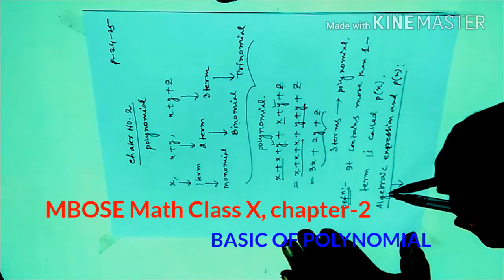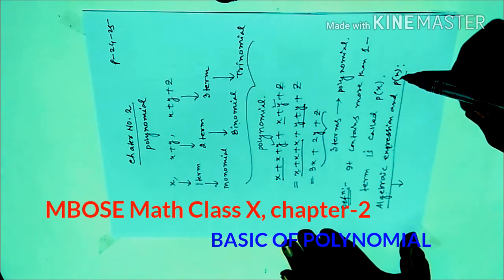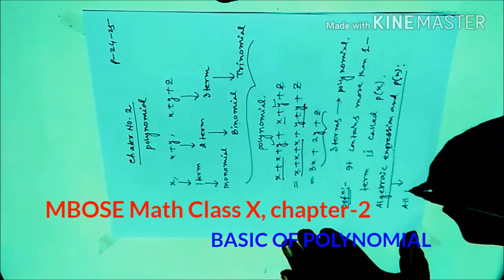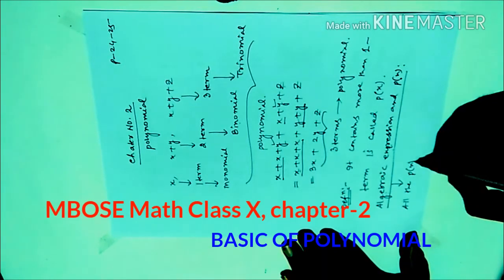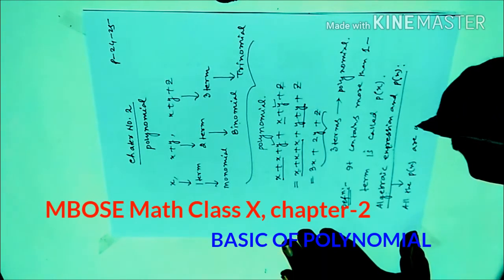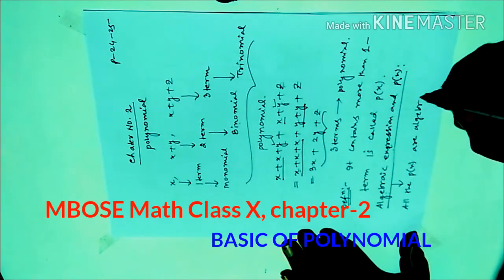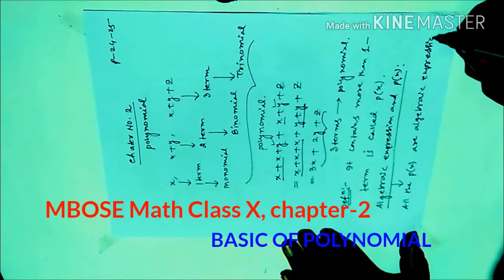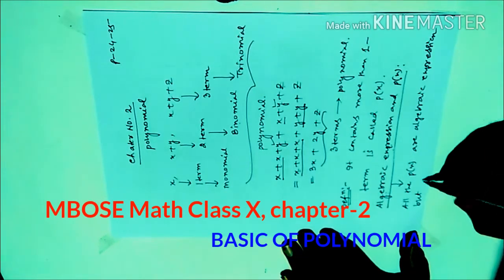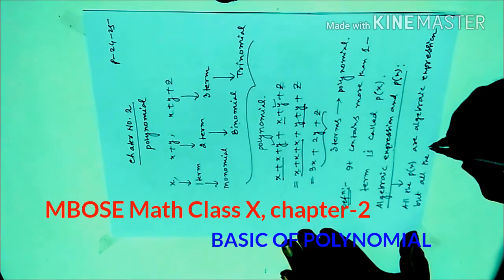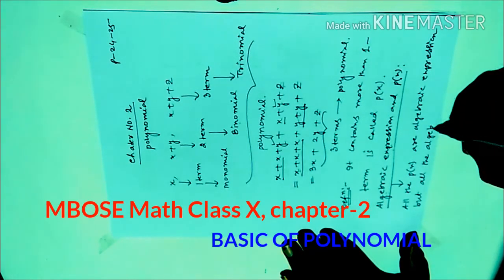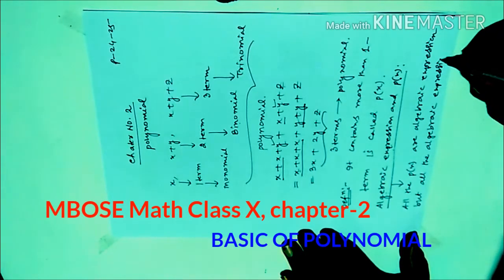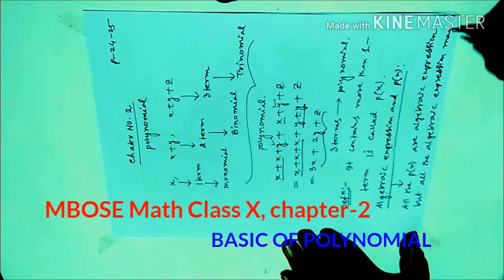But what is the main difference between algebraic expression and polynomial? I can say all the polynomials are algebraic expressions, but all the algebraic expressions may not be a polynomial.